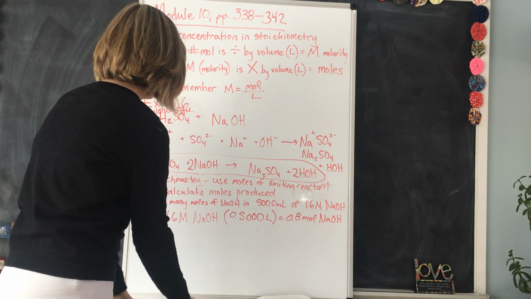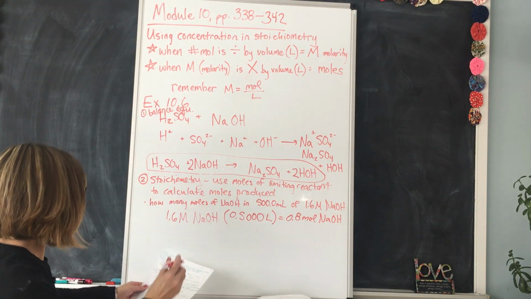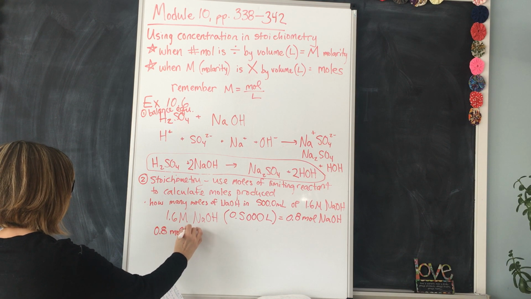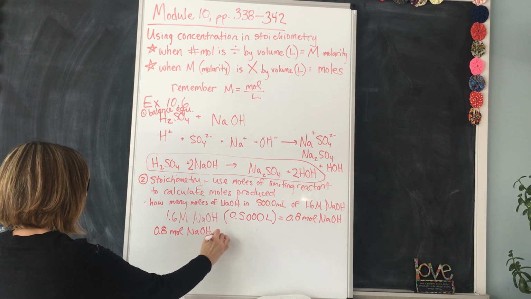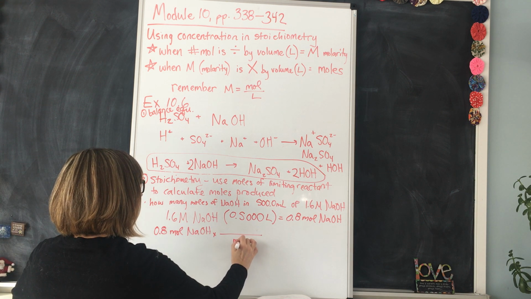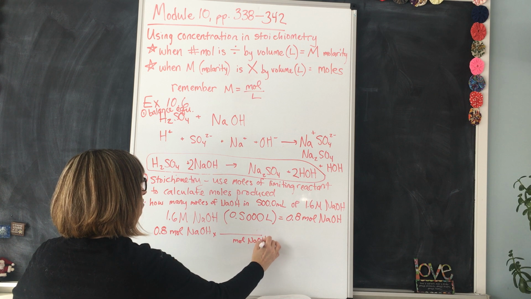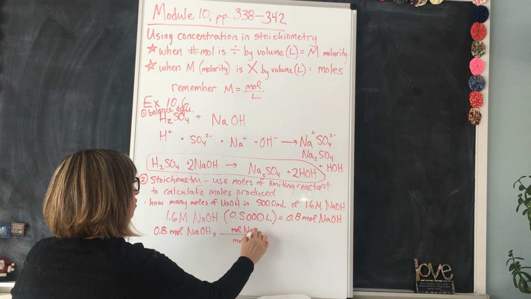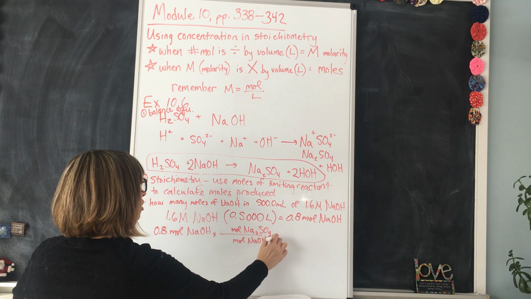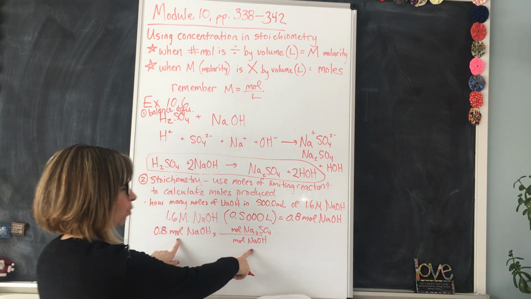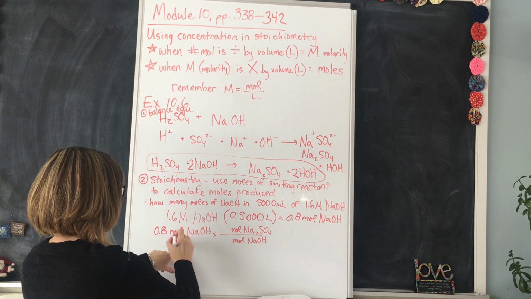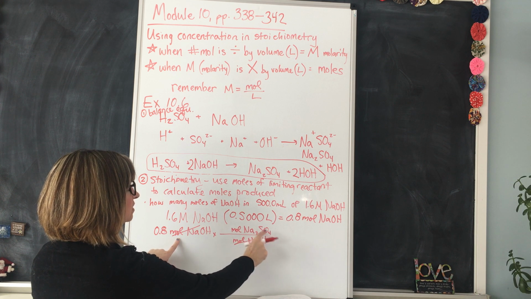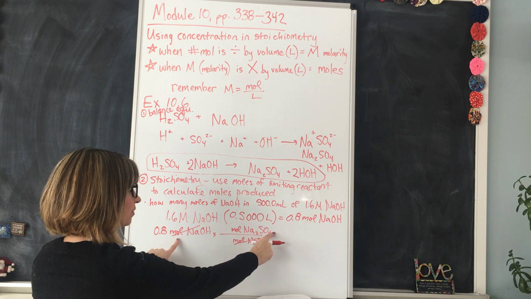All right, next step, we're going to do 0.8 moles of sodium hydroxide, and we want to cancel out moles of sodium hydroxide because we are interested in knowing how many moles of sodium sulfate we are producing. So we put moles of sodium hydroxide on the bottom so those units cancel out, and moles of sodium sulfate on the top.